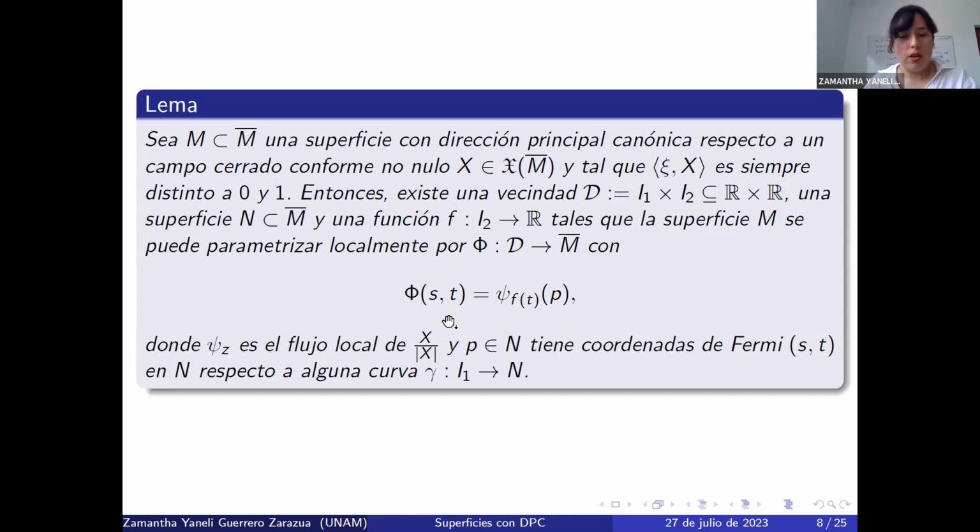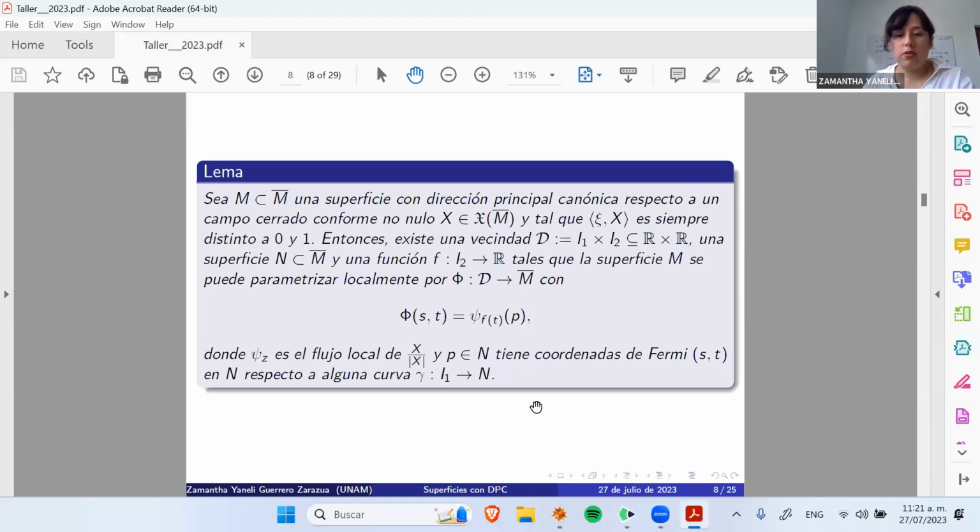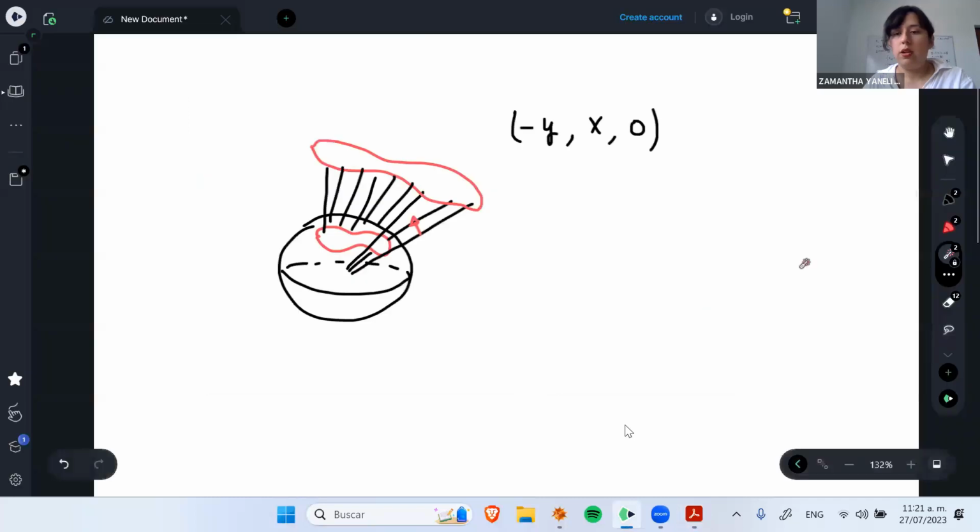So what does this say? We're going to take a point in N, and we're going to follow along the local flux of the X vector field of certain height. So we go back to here. We have N here at the bottom.